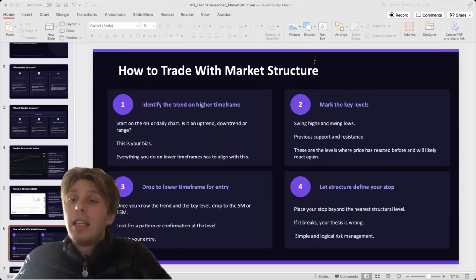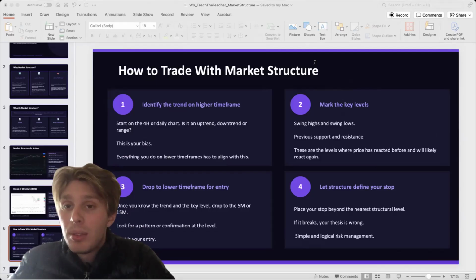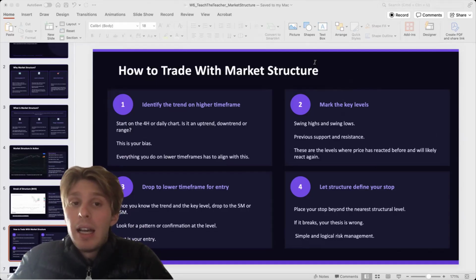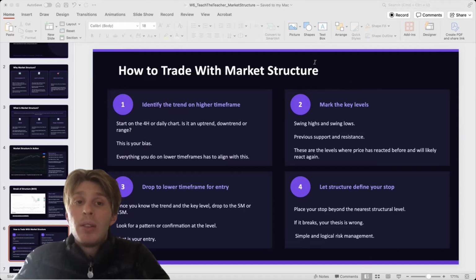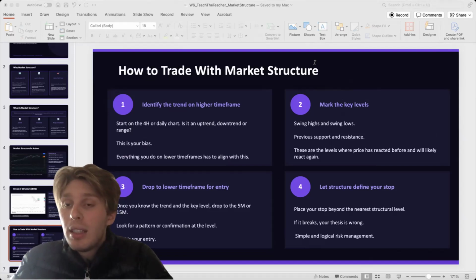Third, I would say drop to the lower time frame for your entry position of a trade. In my case I did 5 minutes or 15 minutes, and look for a pattern or some confirmation at the level. And lastly, you need to let the structure define your stop. Just put it beyond the nearest level.